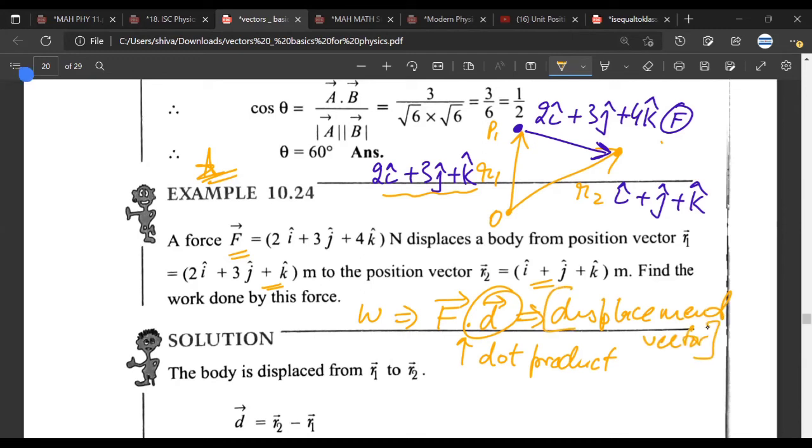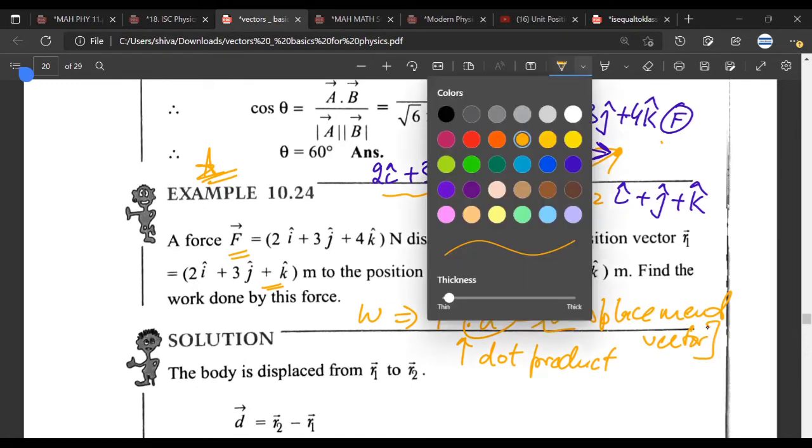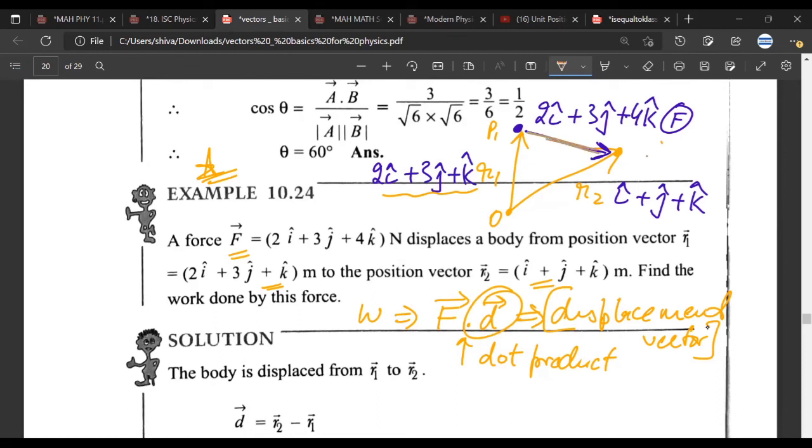Now, in this case, my first job would be to find the displacement vector. So, what would be the displacement vector? This is what the displacement looks like. Now, very simple way of using the triangle law of addition is R plus D is equal to R2. Is this clear what I have written?